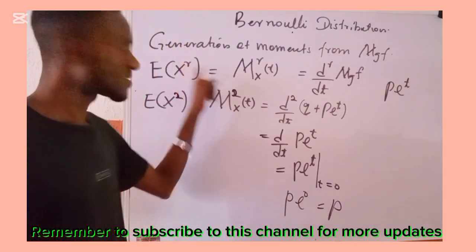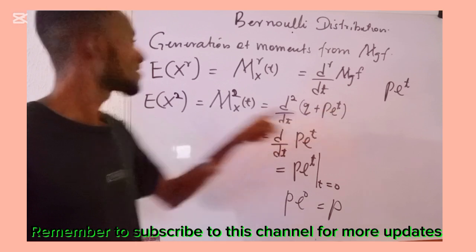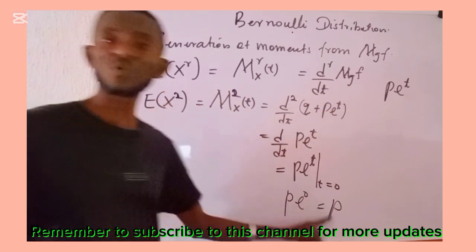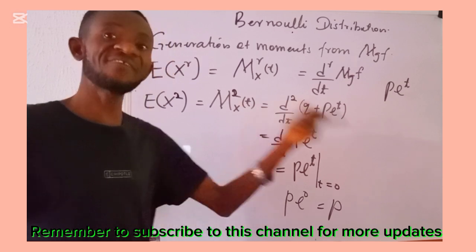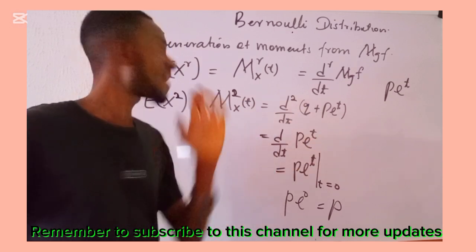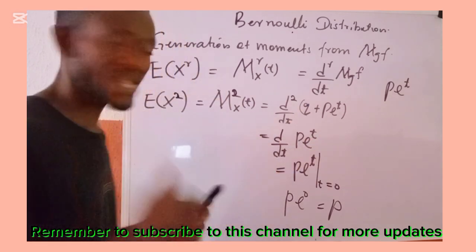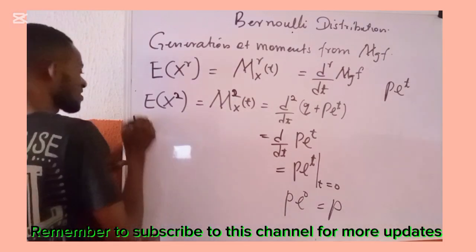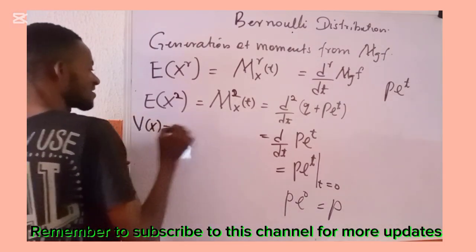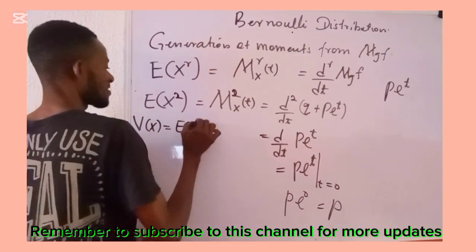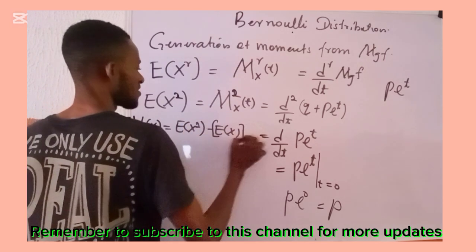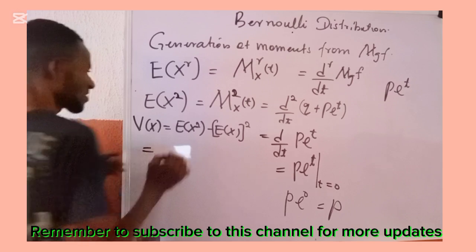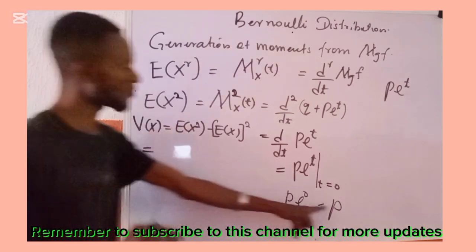The first moment gave us p, and the second moment gave us p. It is from this first moment and second moment that we can find the variance of a random variable. And remember that we told ourselves earlier that the variance of a random variable, var of x, is given as E of x raised to power 2 minus E of x all raised to power 2. I have gotten that E of x raised to power 2 is p.